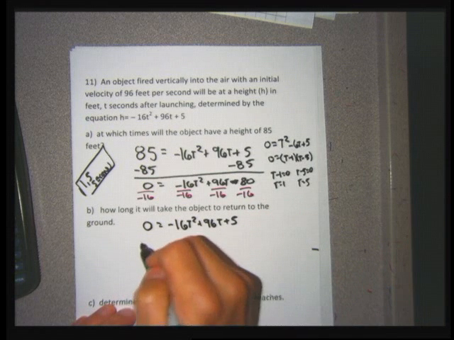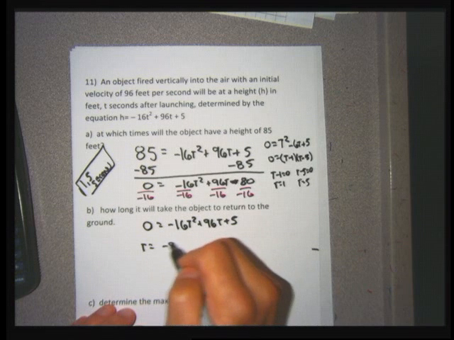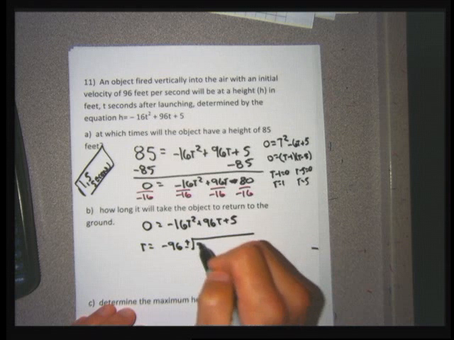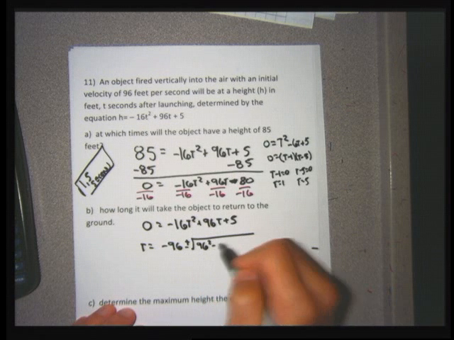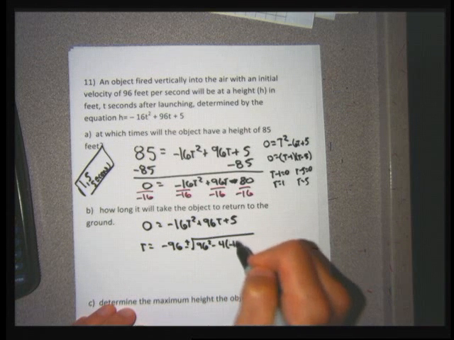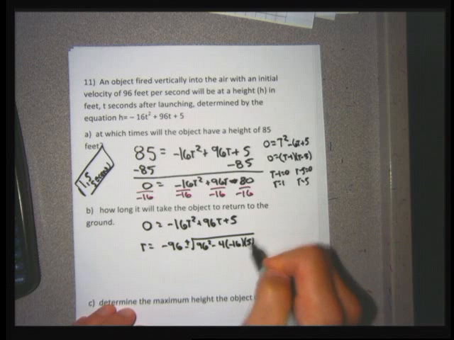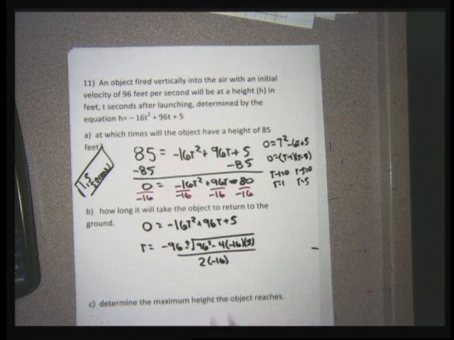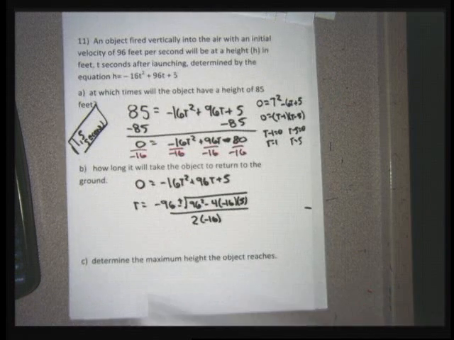I'm going to get t equals negative b, which is negative 96, plus or minus the square root of b squared, which is 96 squared, minus 4ac, which is 4 times negative 16 times 5, all over 2a, which is 2 times negative 16. Break out a new sheet of paper to do this because I don't want to scrunch my work.